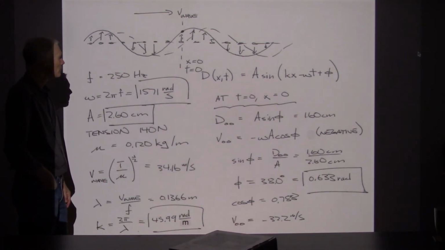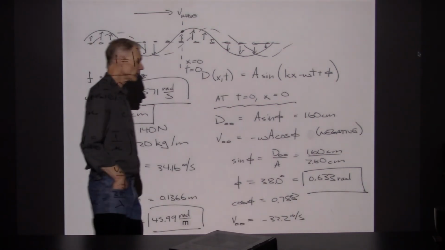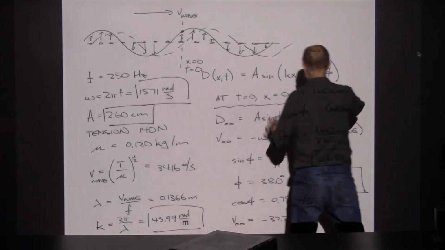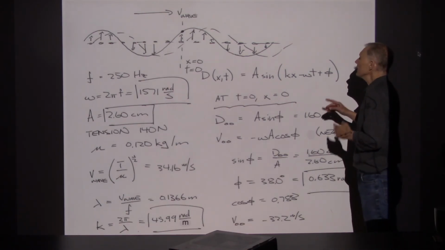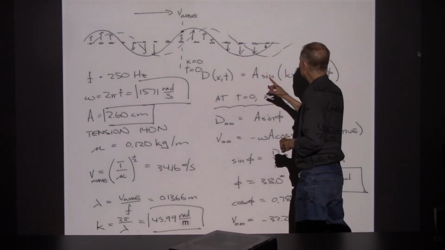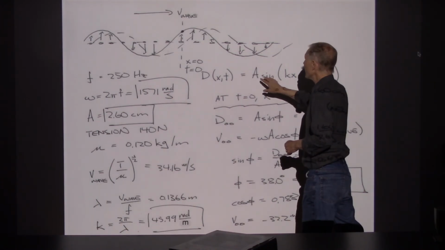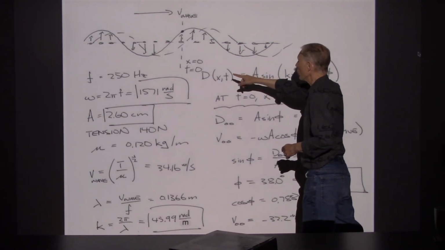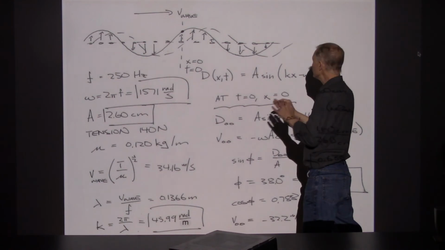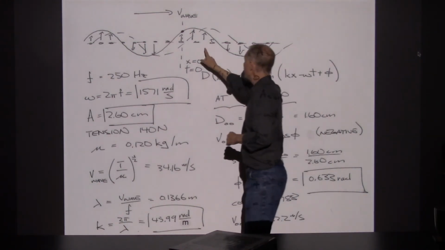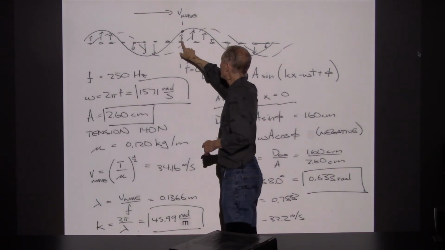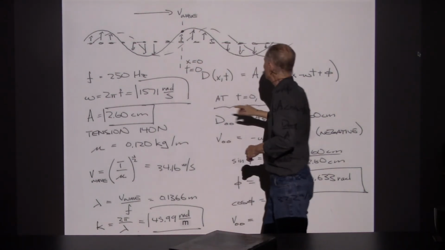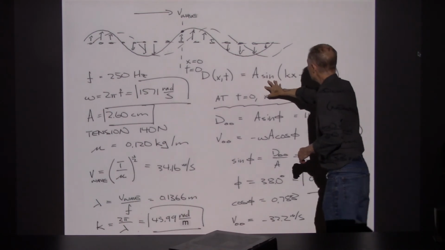Now, let me very quickly talk about some other parts of this. This I'm not so interested in you guys worrying about. It turns out that if at t equals 0, x equals 0, the medium is not at equilibrium, then I can't use a pure sine function.